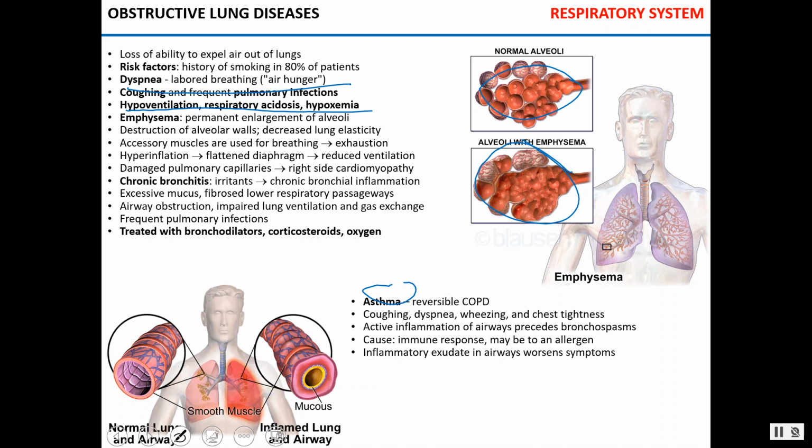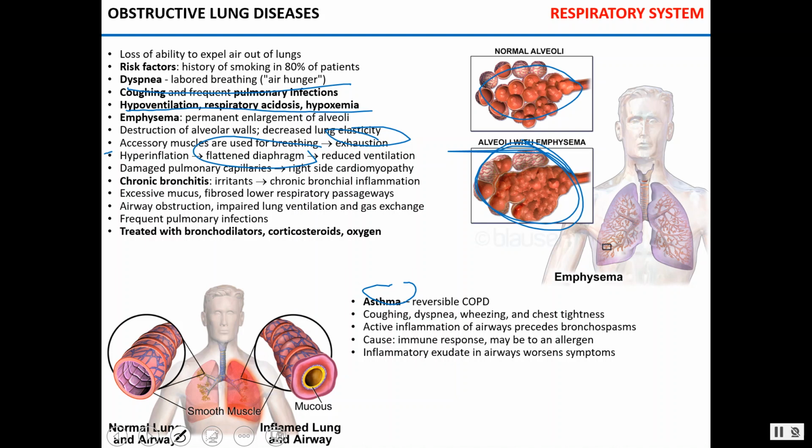So when alveoli are destroyed in emphysema, people try to breathe harder, which leads to exhaustion and flattening of the diaphragm, which actually reduces ventilation. Damage to pulmonary capillaries leads to right-sided cardiomyopathy and systemic edema, the stuff that we talked about in cardiovascular.